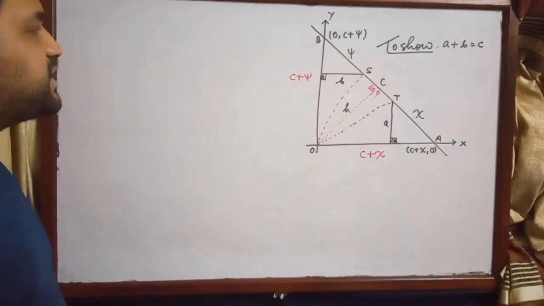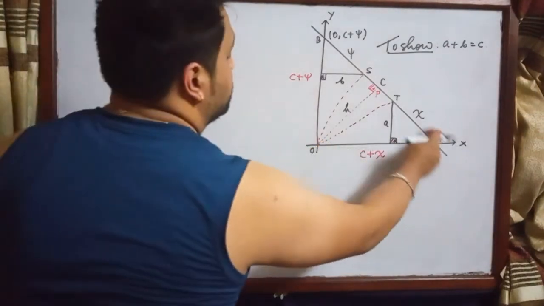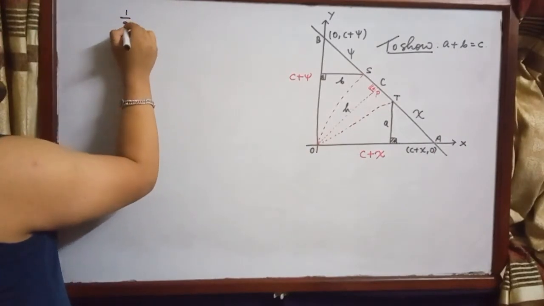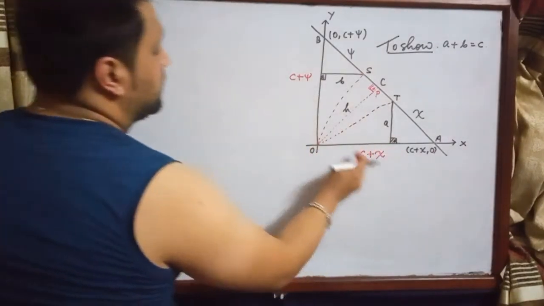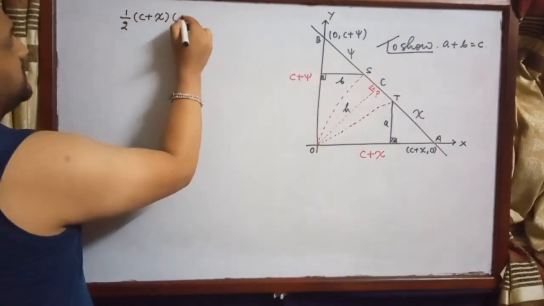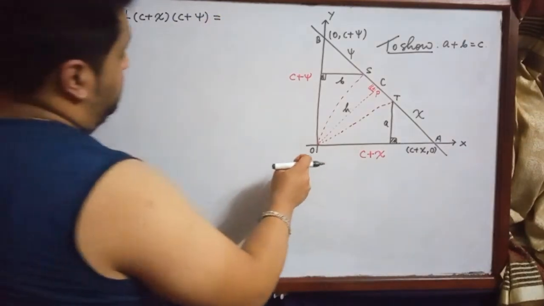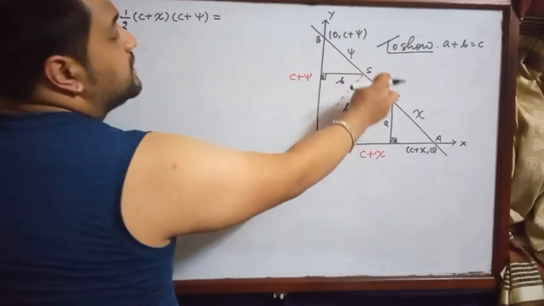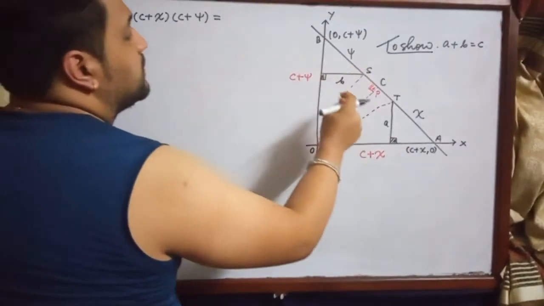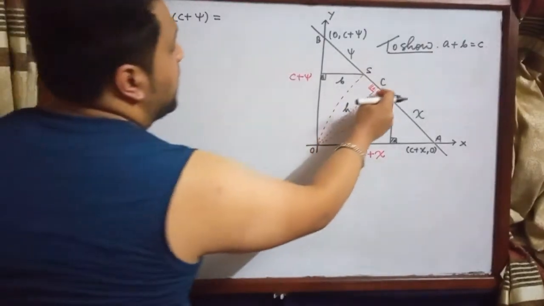So the area of this triangle is half times c plus chi times c plus psi. Also, the area of this triangle is half times c plus chi plus psi times the height h.